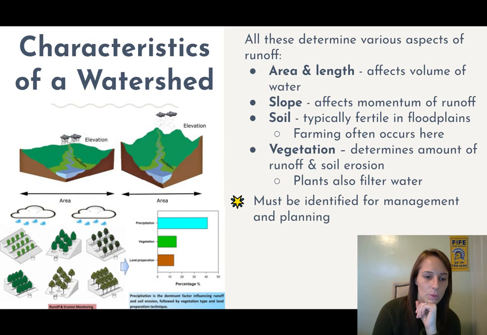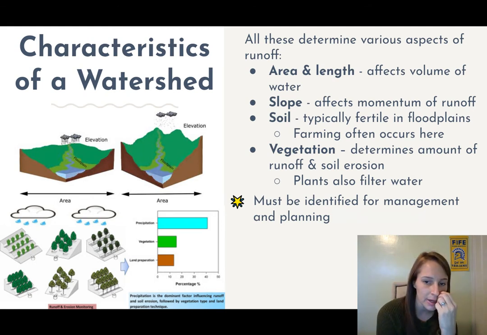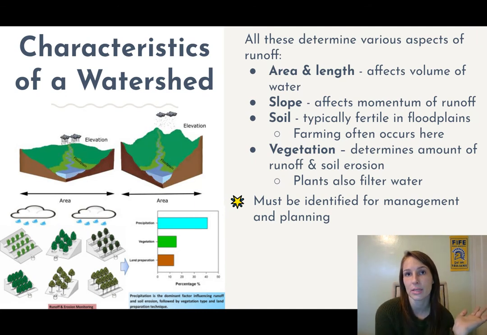And the reason why this is all really important is because all of these characteristics need to be identified for management and for planning. If you think of different parks departments that are trying to determine how to best take care of a certain watershed area, or city planners trying to determine where certain things should be developed, they need to take the watershed into effect.